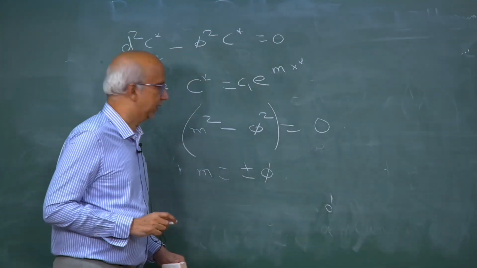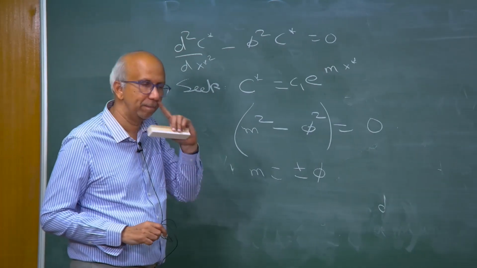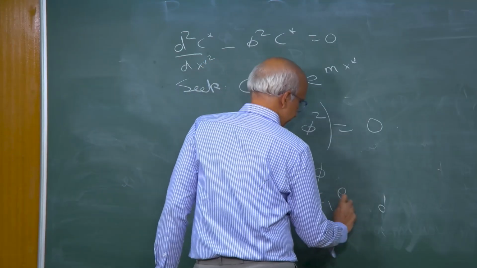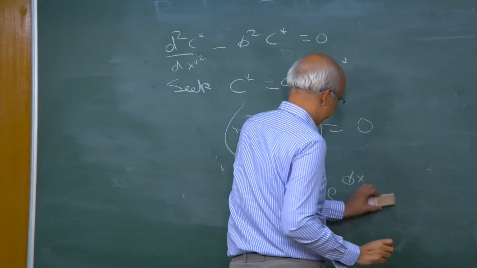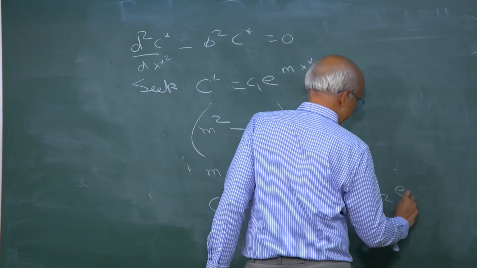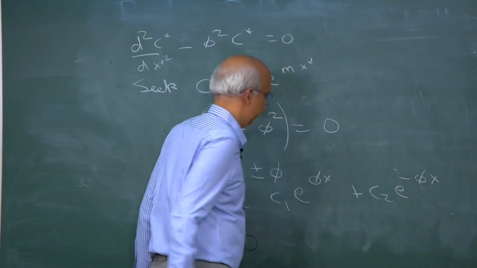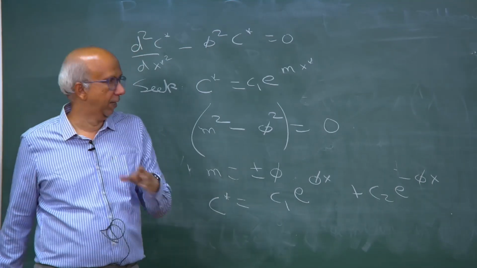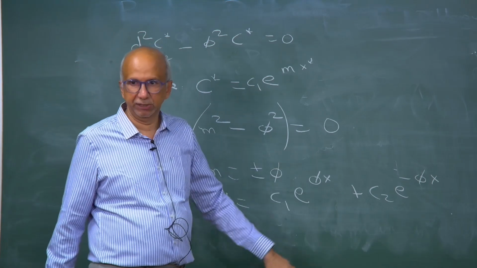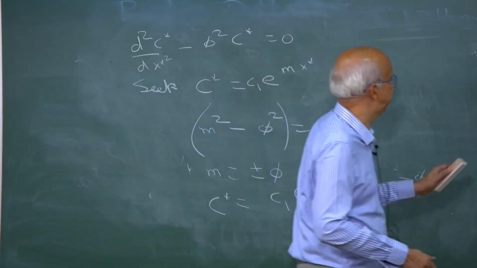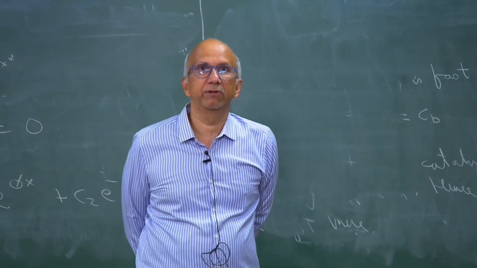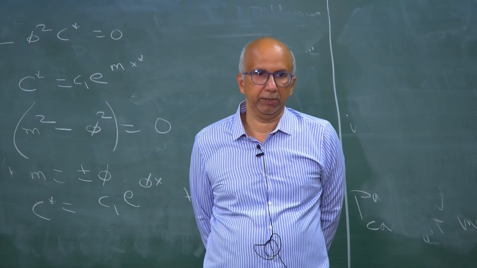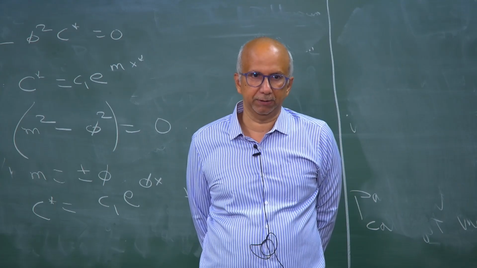So now it is clear that this equation has two solutions. Now, I need to find these constants C1 and C2 from the boundary conditions. When the reaction is fast, the reaction is occurring only near the surface of the pellet.